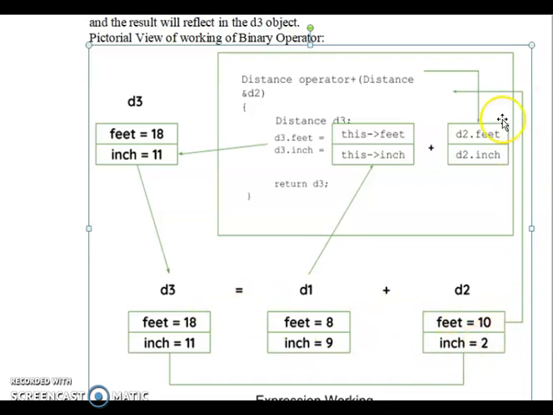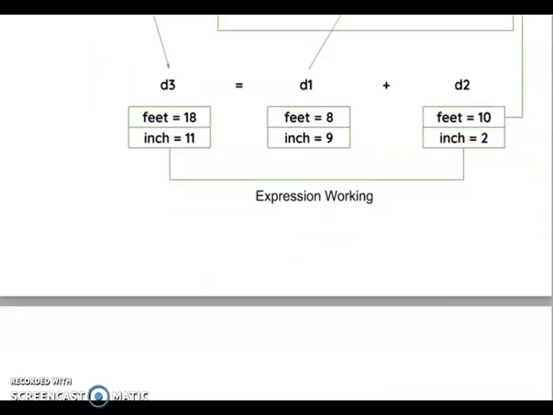So this will work here. This function will be called because of Distance operator plus, Distance address of d2, and this operator will be calling this function. This is an example of this given function.